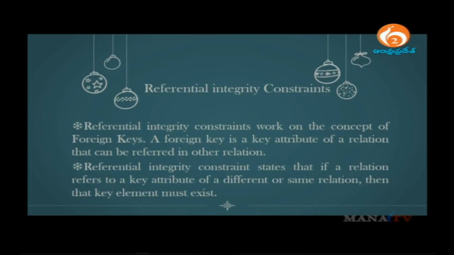Referential integrity constraints state that if a relation refers to a key attribute of another table, or sometimes the same table, then the key element must exist. If I make a relation between multiple tables, there should be a specific key existing in both tables. Only then can I make a foreign key relation, otherwise I can't.